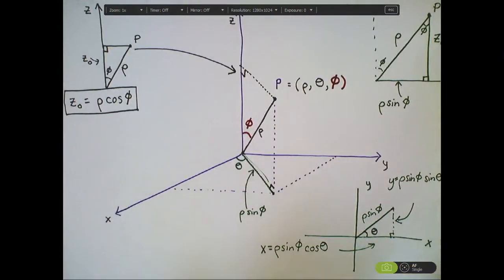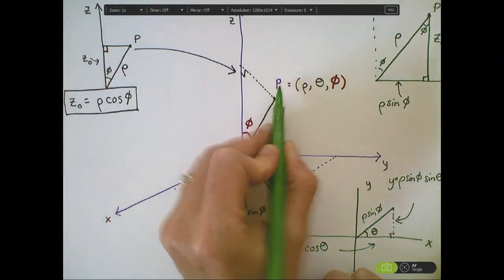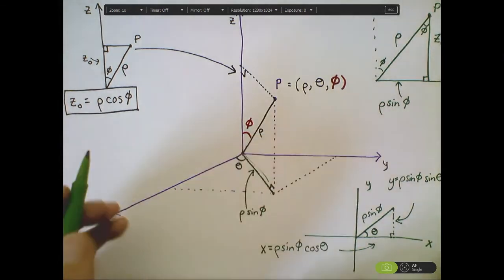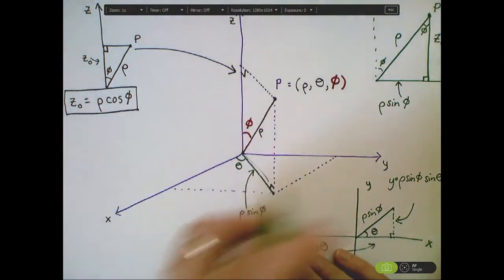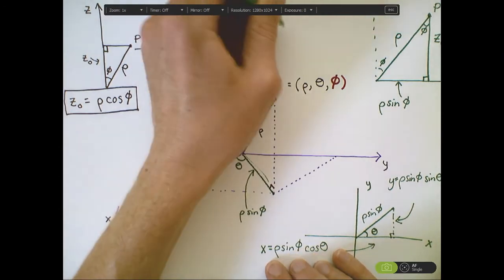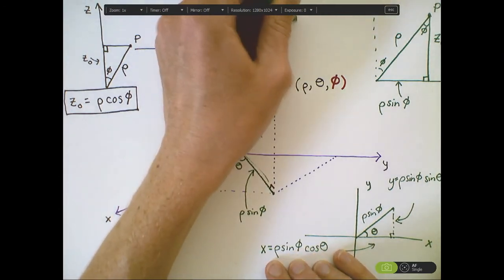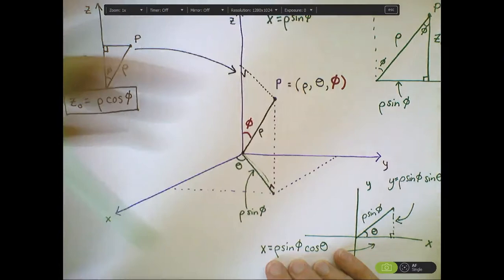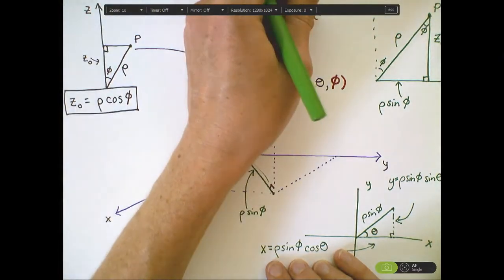Let's summarize. I have these boxes all over the place. It means that for my point, given in spherical coordinates, my translation into x, y, and z coordinates is going to be given by: my x coordinate is equal to rho sine phi times the cosine of theta.